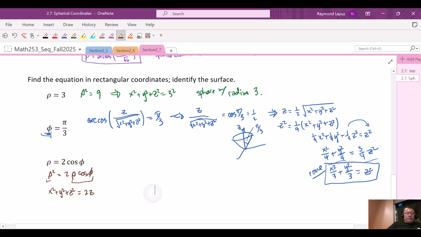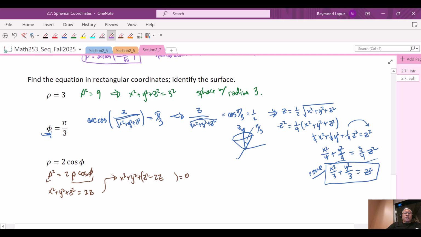So I think what we can do here is bring the 2z over to the other side, x squared plus y squared plus z squared minus 2z, and then complete the square, because by completing the square we're going to find a new center.